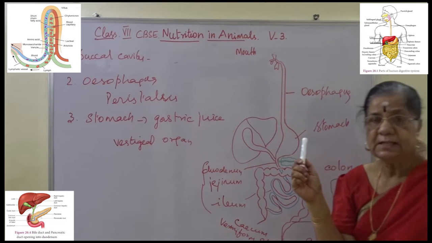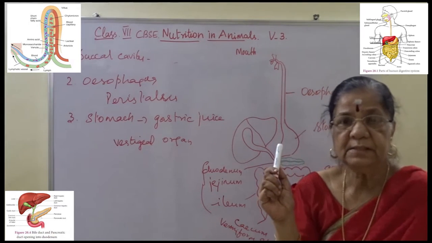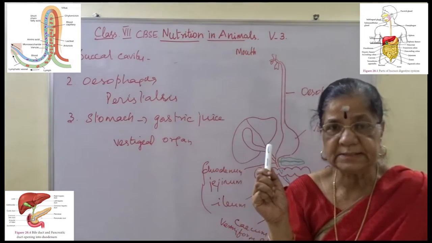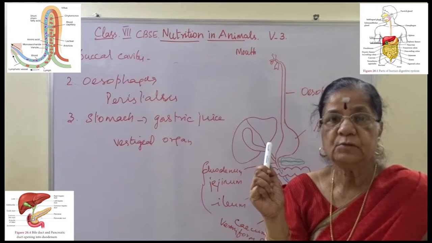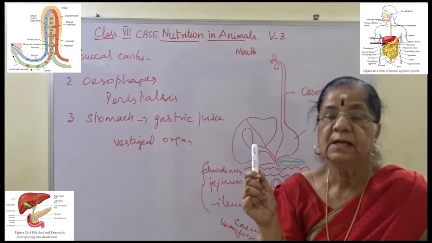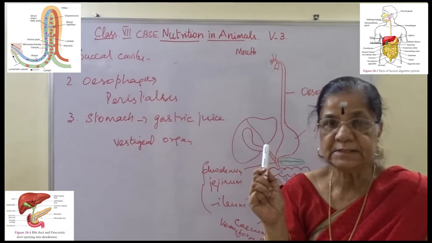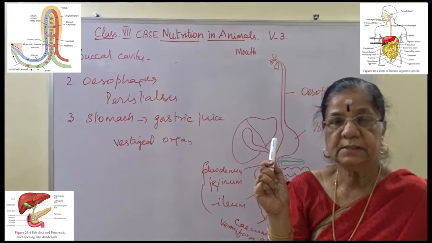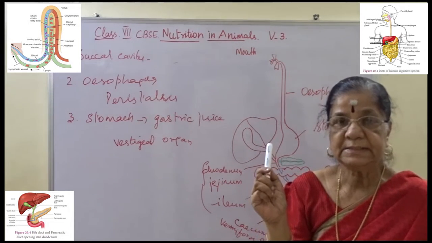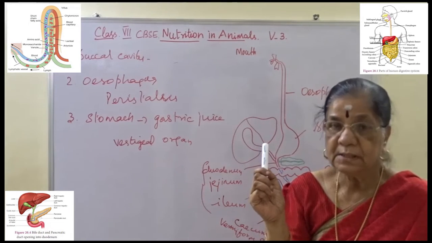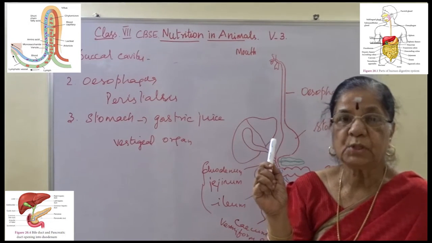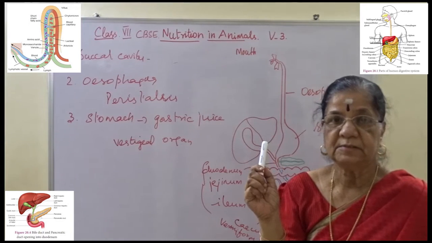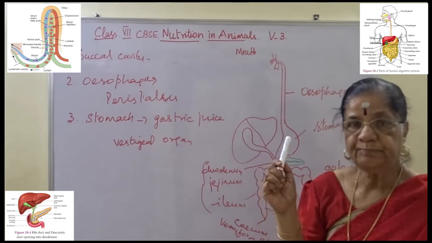These glands secrete chemical substances called enzymes, which are required for the digestion of food components. Along with that, the gastric juice secreted by the stomach and the intestinal juice secreted by the intestine are also taking part in the process of digestion. I hope you are following.